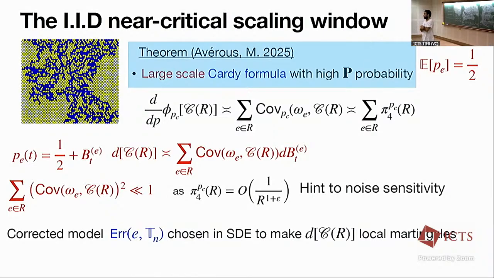For percolation, this finite variation term is simply 0. In the special case of independence, the main dominant term just disappears. And that's how we could construct the corrected model: we add the counter term to kill this finite variation process.